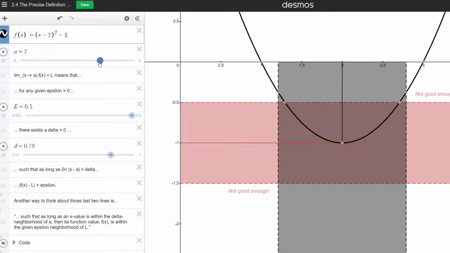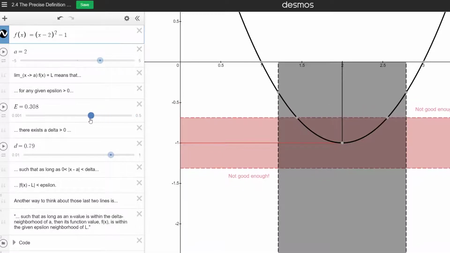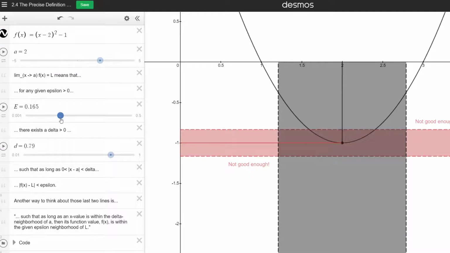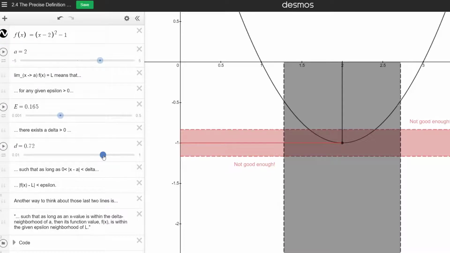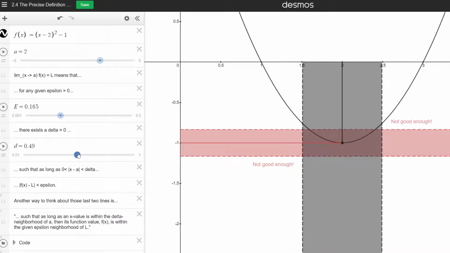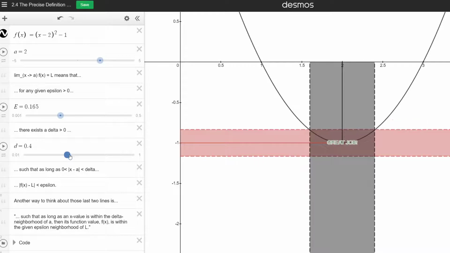And in the problem we were presented, the center of what x was approaching was 2. Same thing here. So from the precise definition of a limit, somebody had handed us an epsilon neighborhood, right? And our goal is to tighten up that delta neighborhood so that all x values within our delta neighborhood lead to y values that are within that red band.